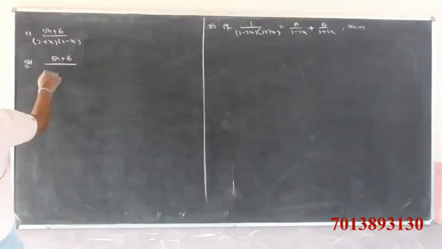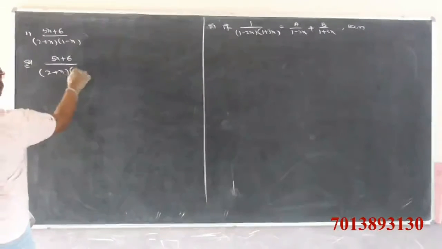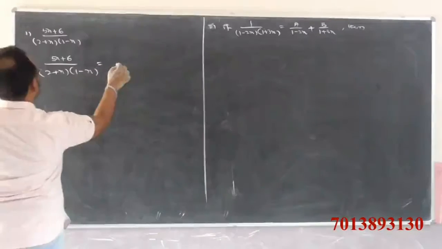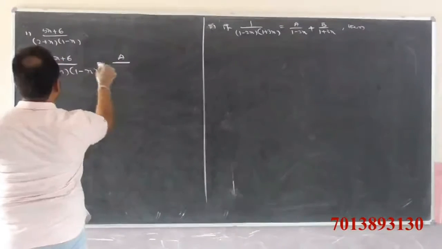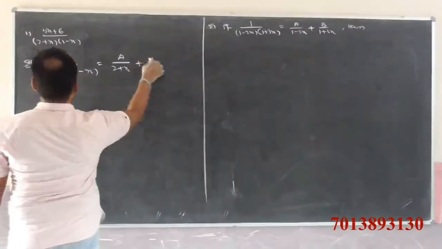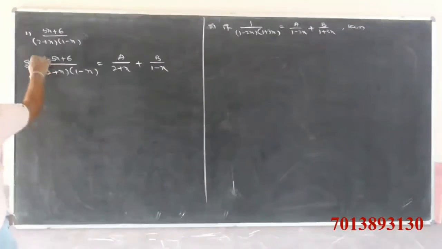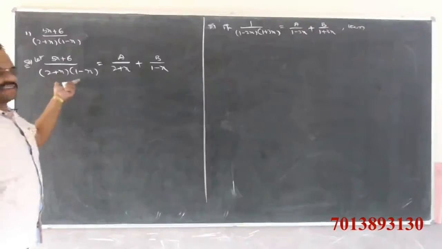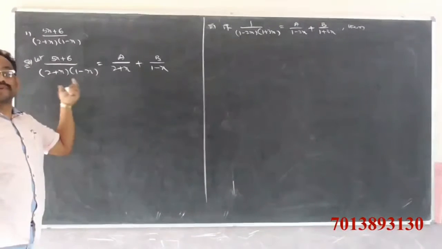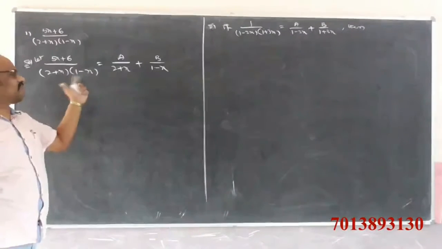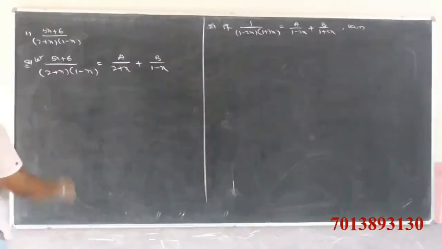So this can be written as A by 2 plus x plus B by 1 minus x. Clearly, the denominator has non-repeated linear factors, so that is taken care of.